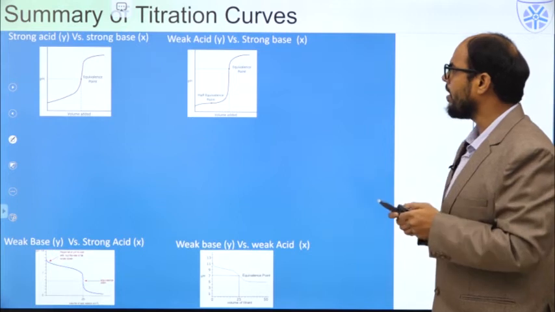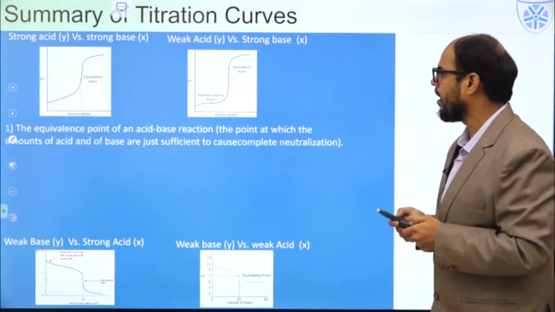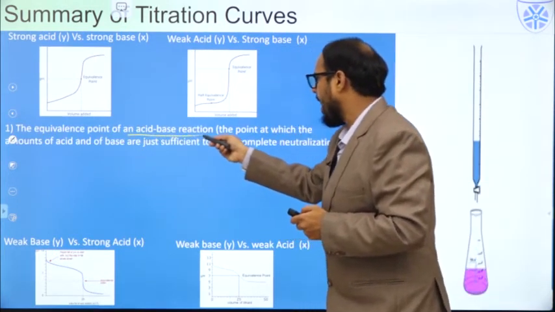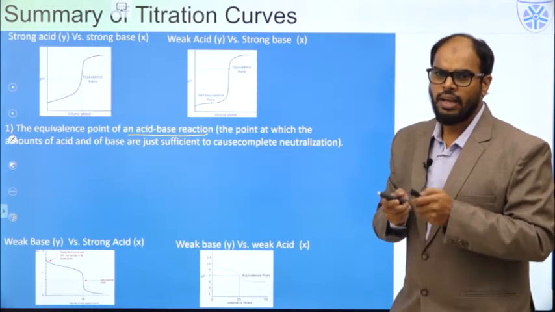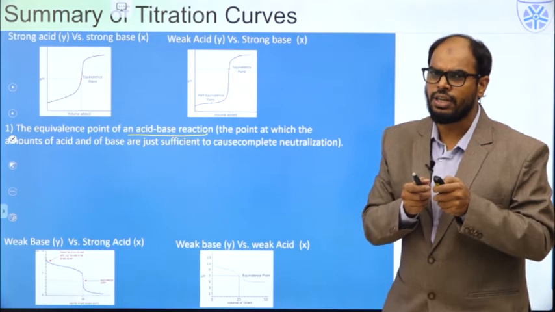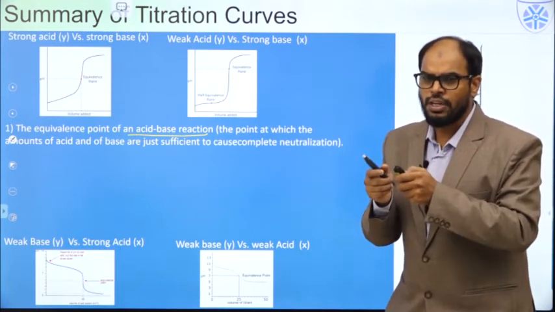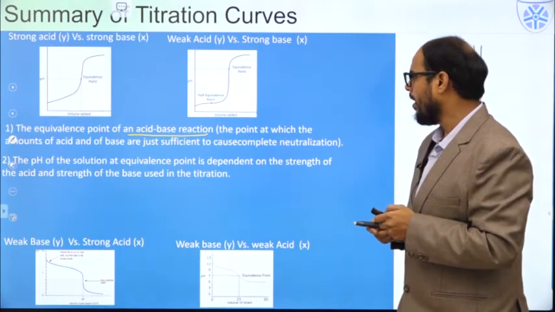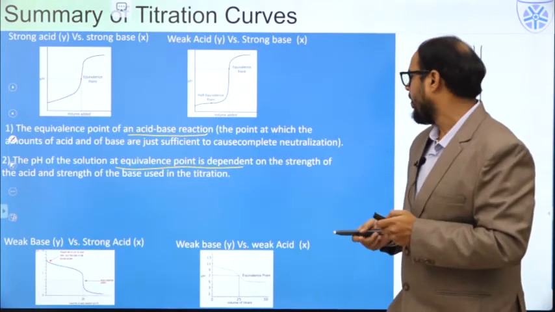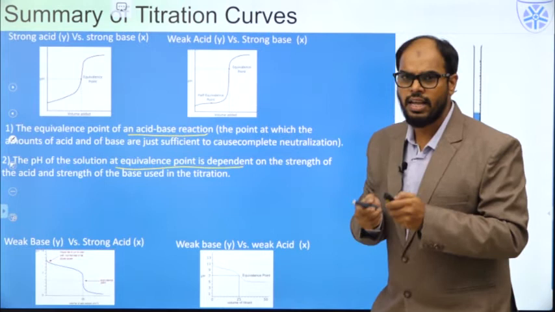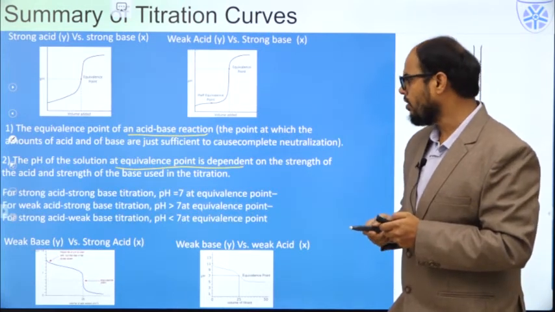Let us try to summarize the different types of titration curves. The equivalence point of an acid base reaction is the stage where we have a sufficient quantity of acid to a sufficient quantity of base, and the pH of the solution at the equivalence point depends on the strength of the acid as well as the strength of the base. And how is it so?